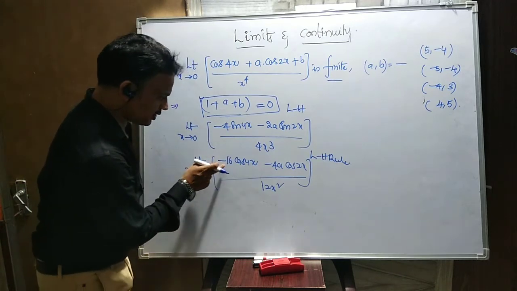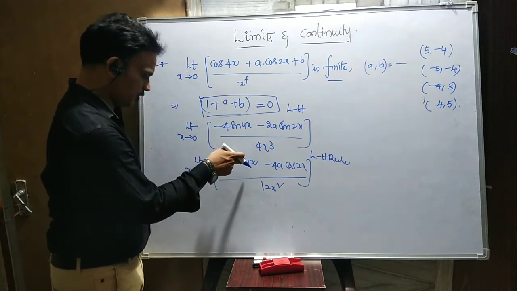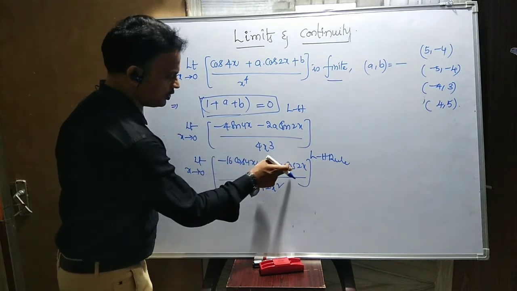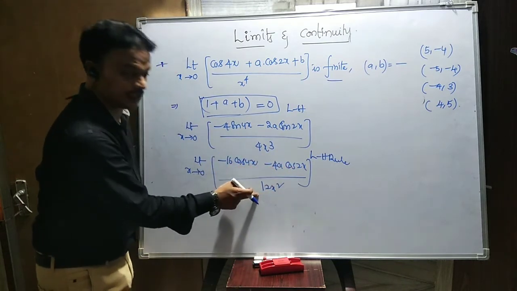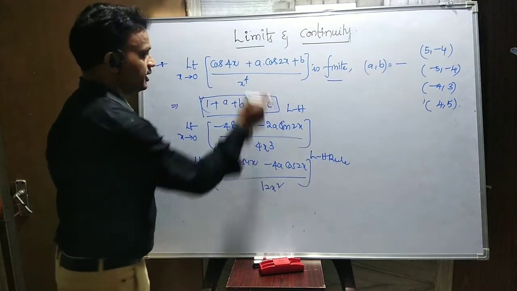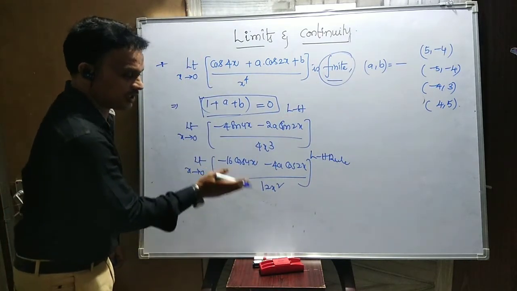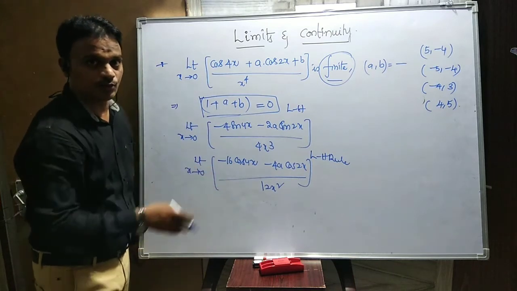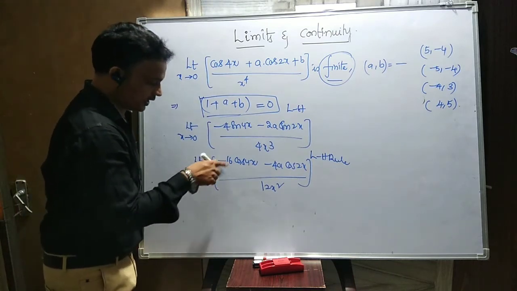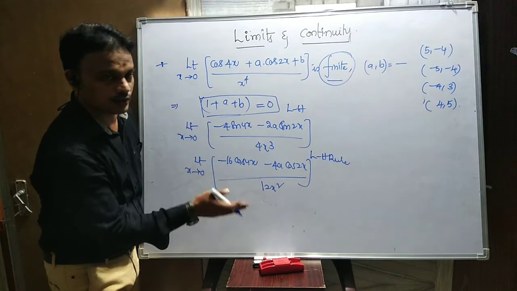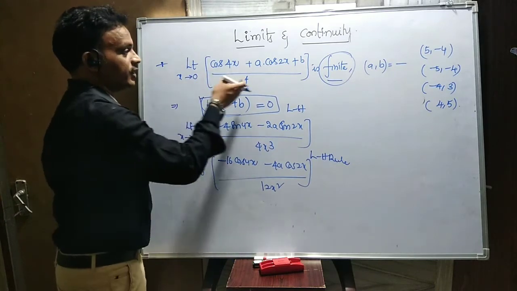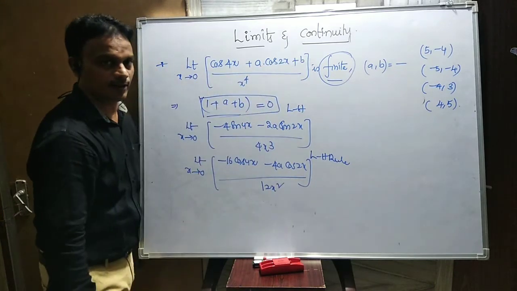Numerator is minus 16 cos 0, which is 1, minus 4a cos 0, 1, by denominator. Yes, and again it is getting 0. But the limit is given as finite. That means we are going to move to the next step. When we move to the next step, if it is again 0 by 0 form, then only the function will be finite. Am I right or not?